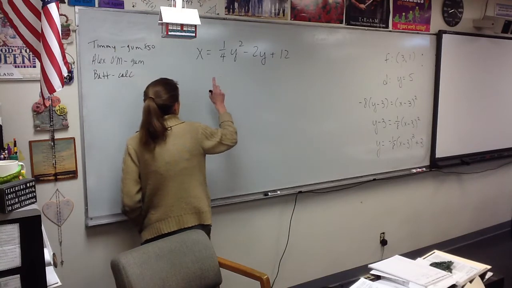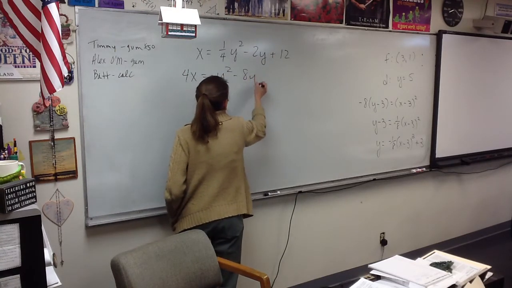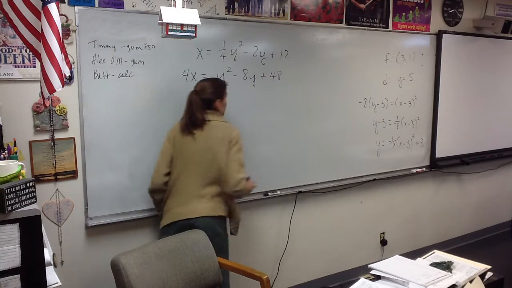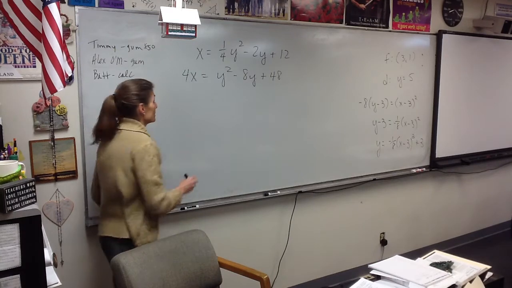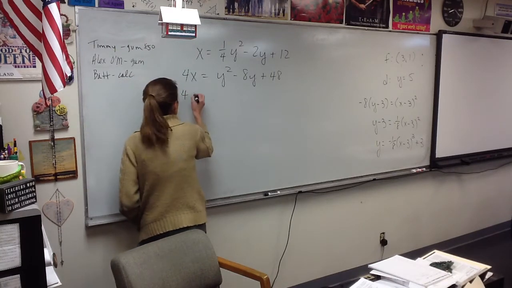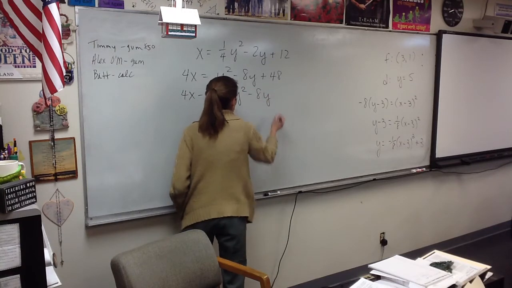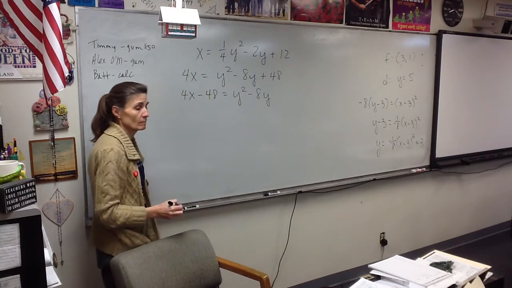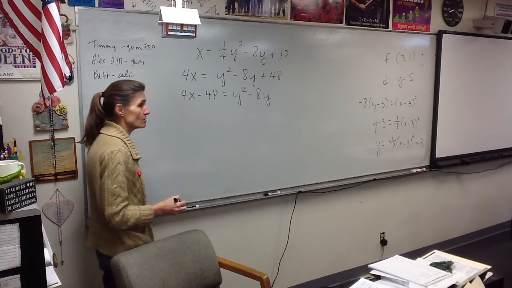Well, we have to do two things. One is we have to multiply by 4. And the other is subtract what's now the 48. You can do those two things in either order. Okay? Now we're ready to do what?